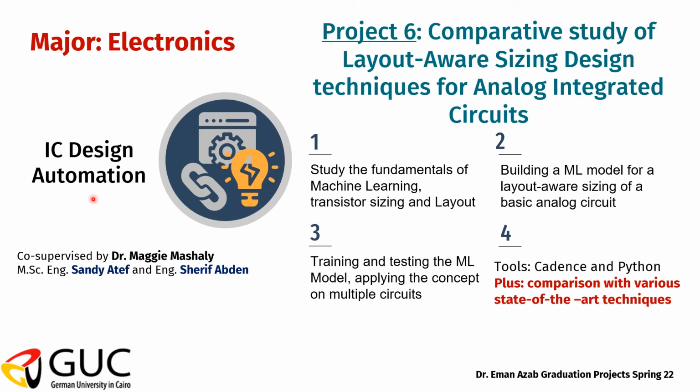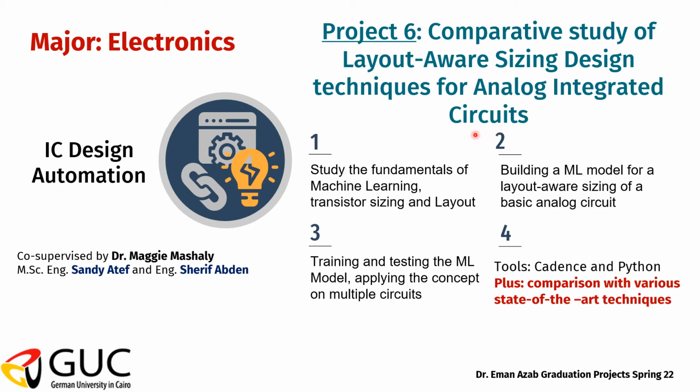As I mentioned earlier, in the theme of IC design automation we will have three projects: the classification of analog and digital circuits, and the second one is going to be a comparative study of layout-aware sizing design techniques for analog integrated circuits.